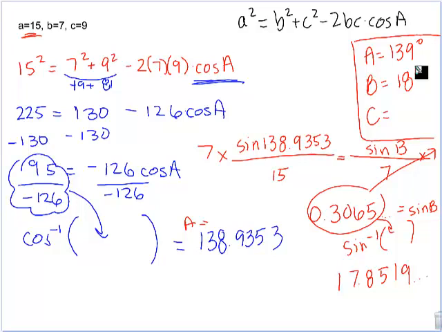Yep, so we'll take 139 plus 18. And then subtract that value from 180. And so what do we get for our third angle? Yep, 23 degrees. When you're finding the third angle, do you need to worry about all of the decimals that were attached to it?